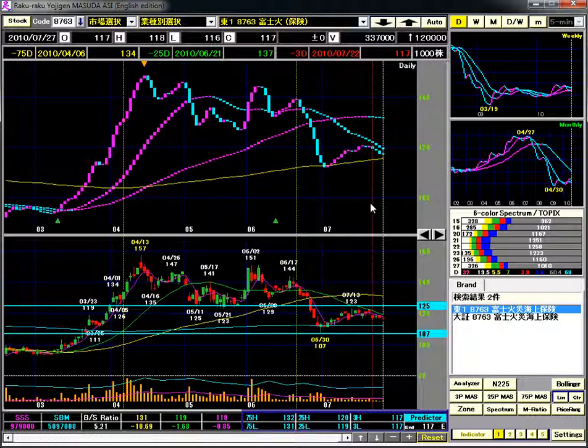But the main point to remember for now is that we can use the actual numbers that these lines represent. The 3-day line, this is the actual closing price from 3 days ago, from 25 days ago, and from 75 days ago. These numbers actually play a significant role in helping us determine or gauge the future of the Masuda Ashi chart values.